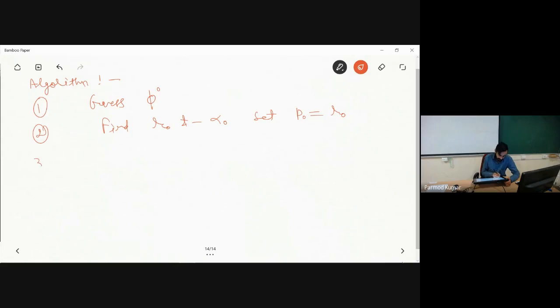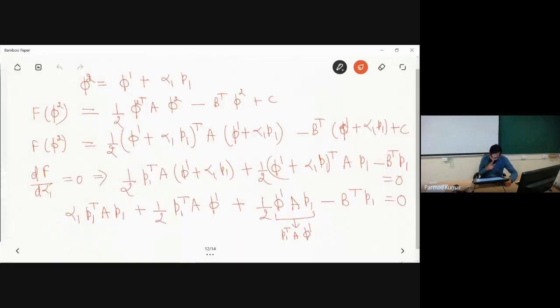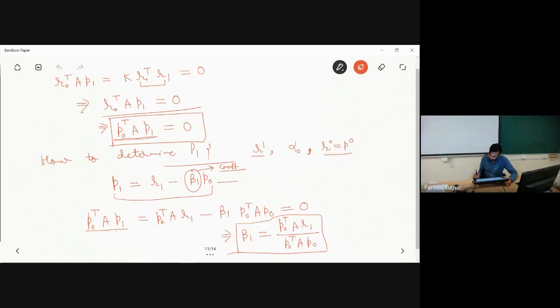Then I calculate the first iteration with phi 1 equal to phi naught plus alpha naught into P naught. After that, what next step do I have to do? I have to first find the value of beta, because beta will help us in finding the value of P. Because what is the value of P1?